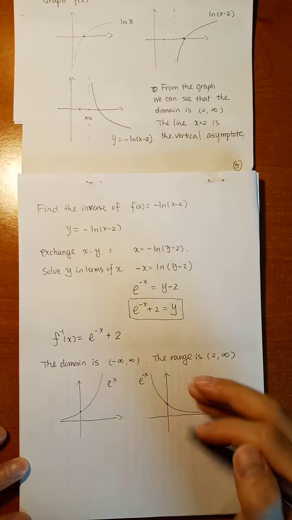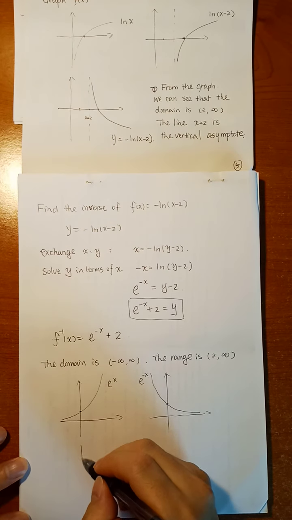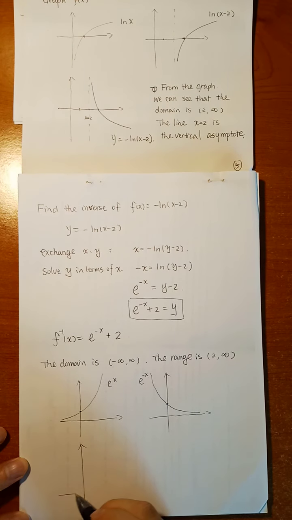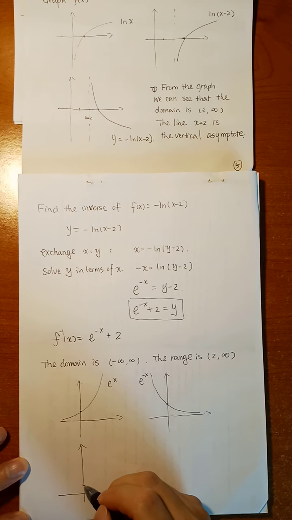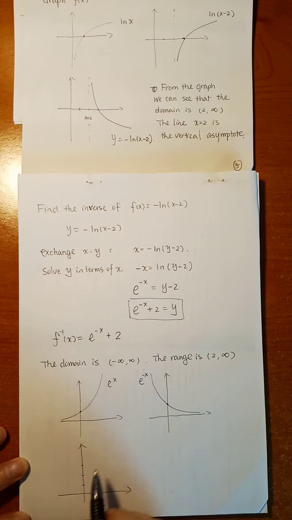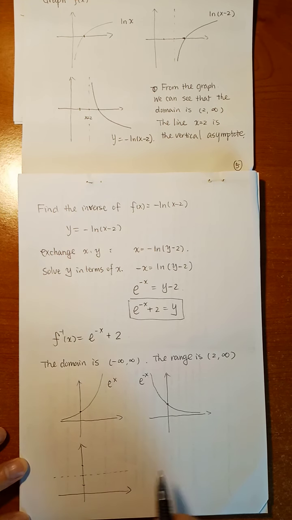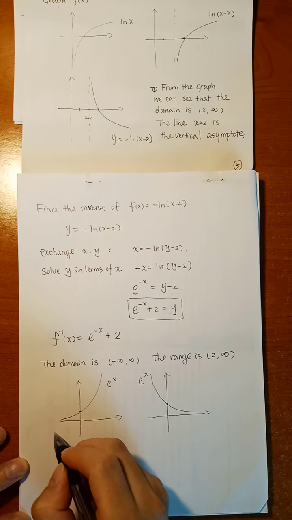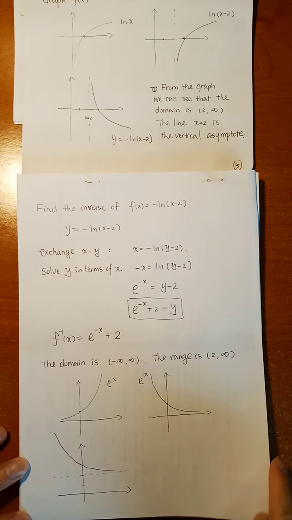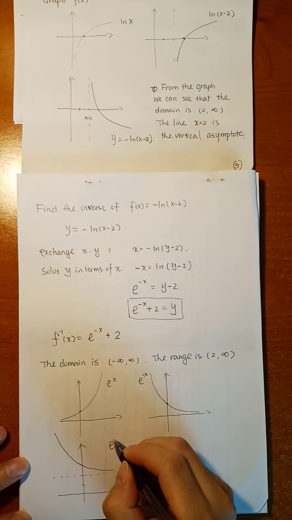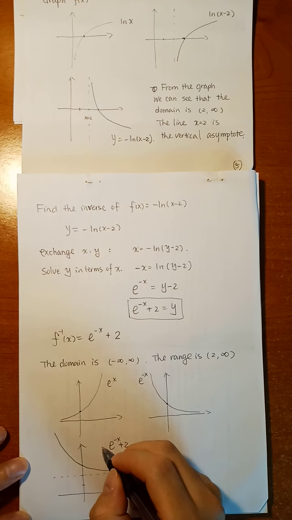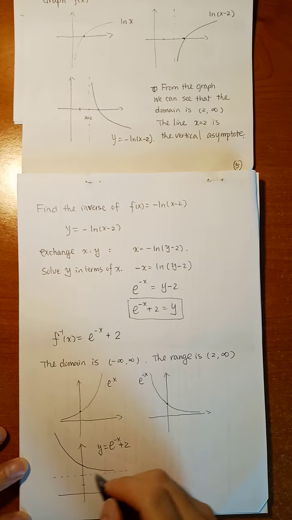For e to the negative x plus 2, you lift it vertically 2 units. First, I sketch the horizontal asymptote. Remember that the x-axis is the horizontal asymptote, so I lift it. And second, I sketch this graph. So this is e to the negative x plus 2, the final graph.